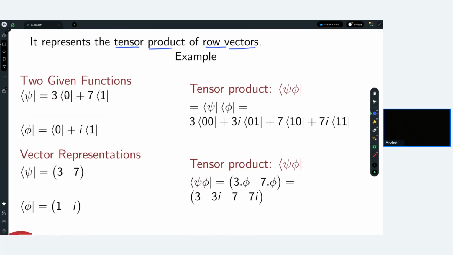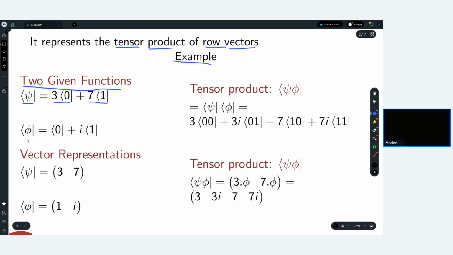Here, let us take one example in which I am giving two different functions. The first function, written in the bra notation, is bra psi, which is 3 times bra 0 plus 7 times bra 1.